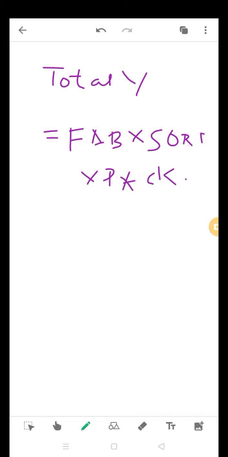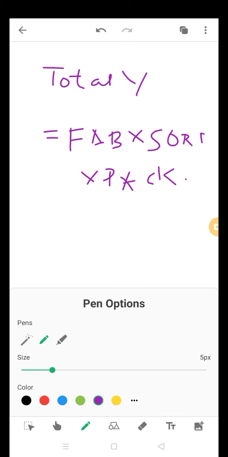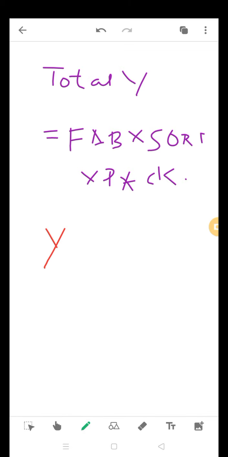And as I've already told you, the higher the yield, the lower will be the cost of the final product. Okay. Now let us take them one by one. We will first start with the fab yield.